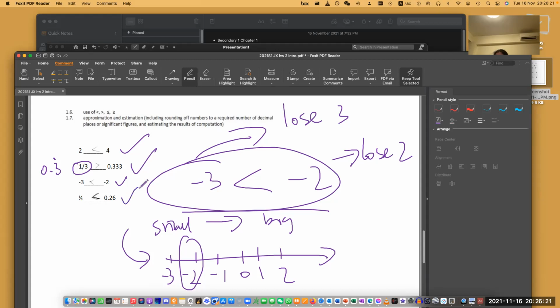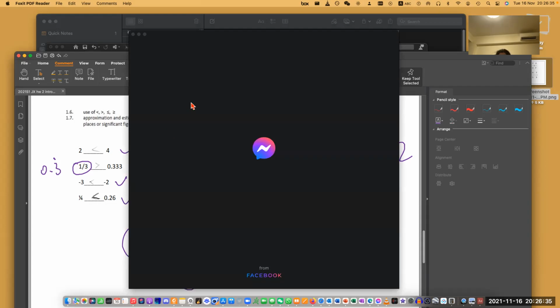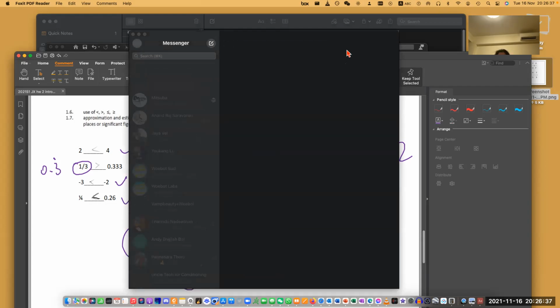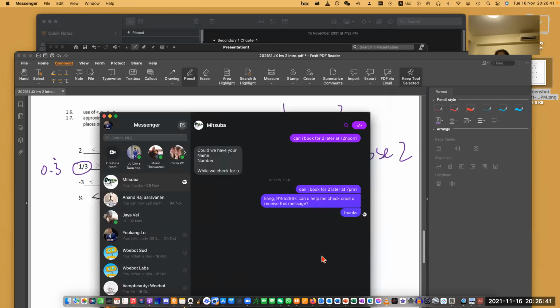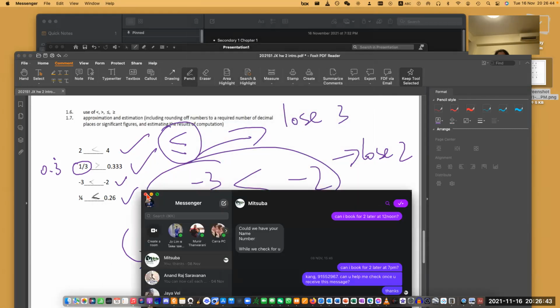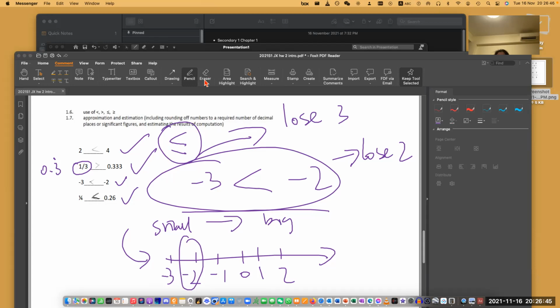By the way, do you know how to key in this? How do you key in this using your MacBook or your iPad? Do you know how to key this sign in?